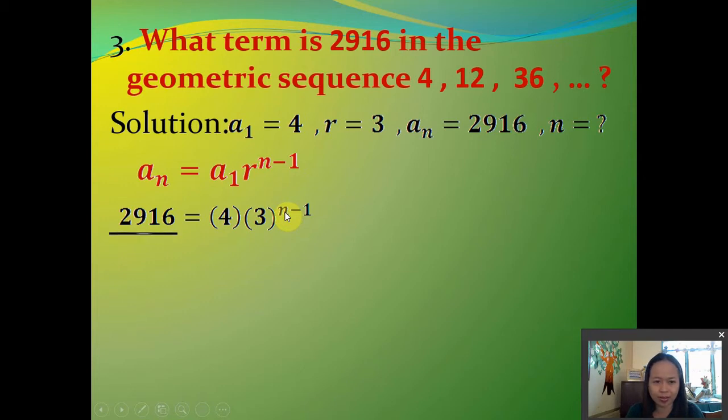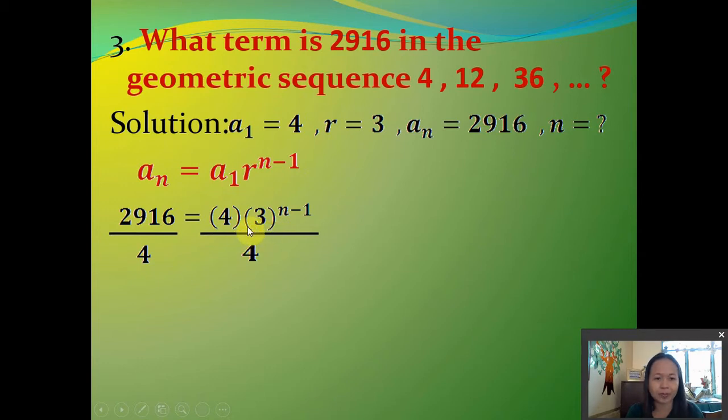Okay, next, we are going to divide both sides by 4. Why? So that this 4 here will be eliminated. You cannot multiply 4 and 3 here, since 3 has an exponent. So first, you are going to eliminate 4. Or on this part, we can apply the multiplication property of equality by multiplying both sides by 1/4.